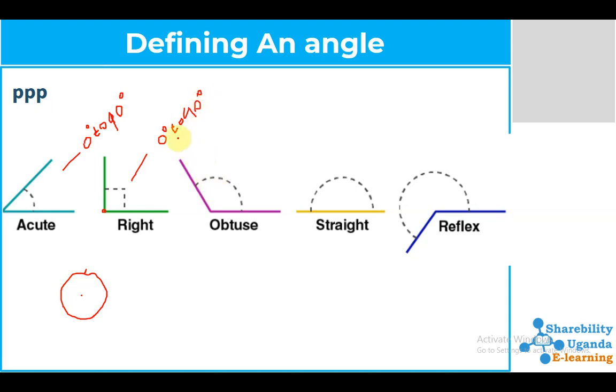We also have obtuse angles, and these obtuse angles lie between 90 degrees and 180 degrees.